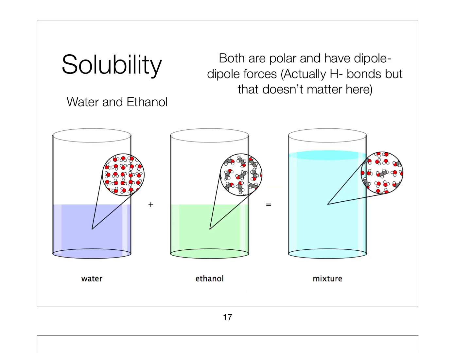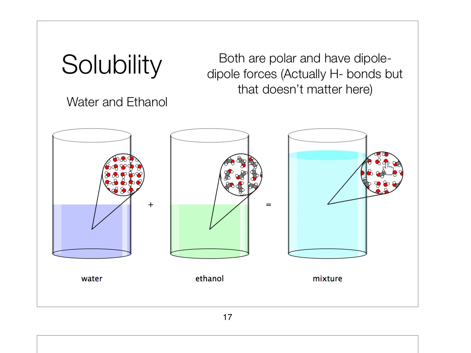Now let's take a closer look at how and why this happens. Water, as you can see, has its positive side and its negative side. And ethanol is polar, and not only is it polar, but it has hydrogen bonding. It's got this oxygen with this hydrogen, which creates this polar molecule. If you mix polar molecules with polar molecules, you get them interacting with each other.